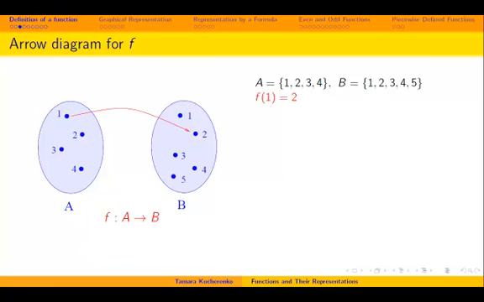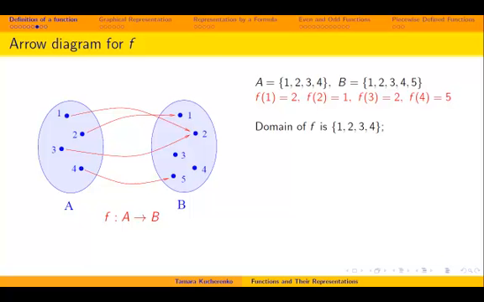Here 1 is mapped into 2, so f of 1 equals 2. 2 is mapped into 1, 3 is mapped into 2, and 4 is mapped into 5. The domain of f is the set A, which is 1, 2, 3, 4.